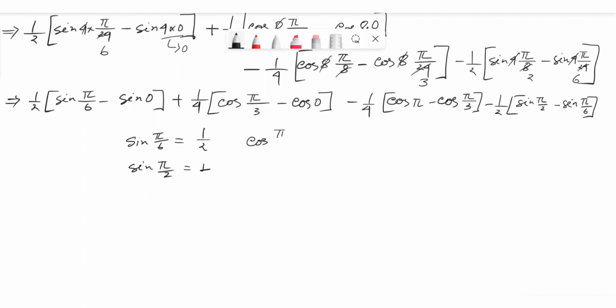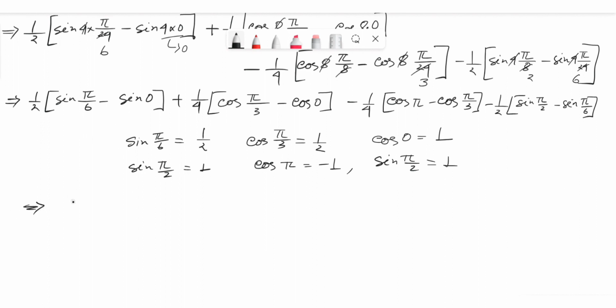Cos pi by 3 will be 1 by 2. Cos pi will be minus 1. And cos 0 is 1, and sine pi by 2, I already told you, is 1. So we'll put these values here.